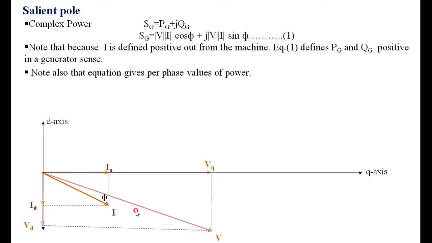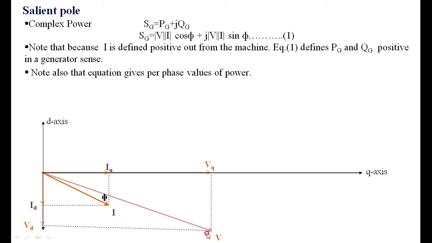Then we know that the total voltage induced in the case of the salient pole machine is the sum of the terminal voltage V, neglecting the I RA drop because RA is very small, plus the drops across the two reactances, XD and XQ. That is, you have to add the ID XD drop and the IQ XQ drop to V to get the generated voltage.